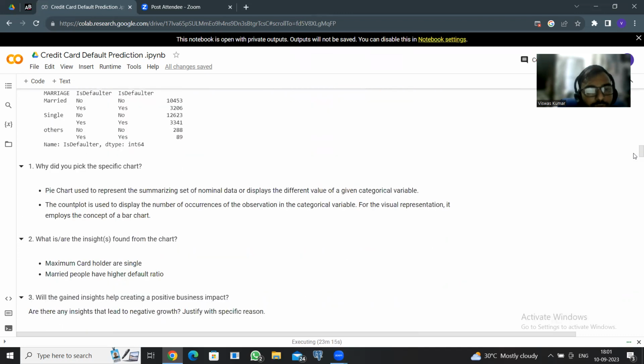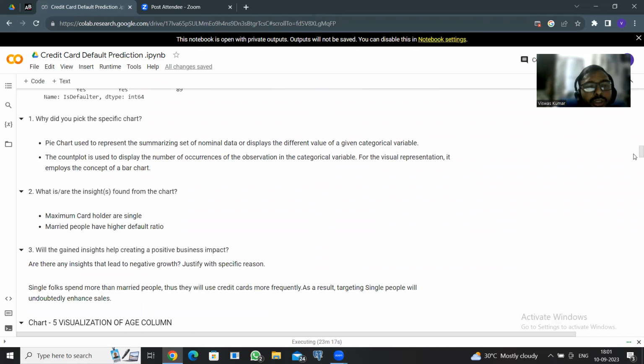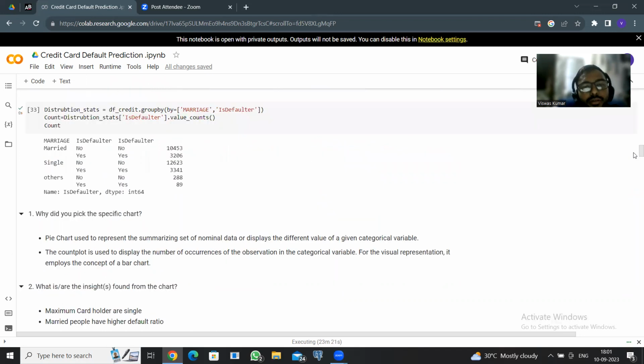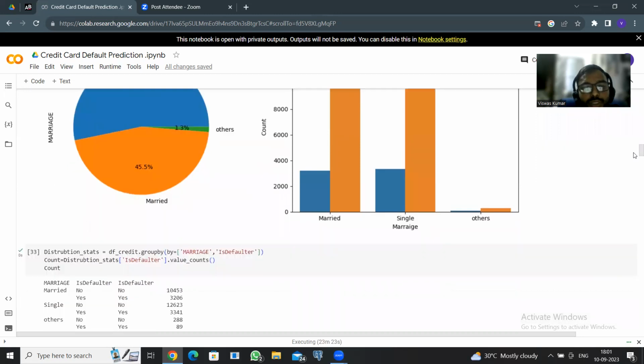We can conclude that maximum cardholders are single, and married people have a higher default ratio.